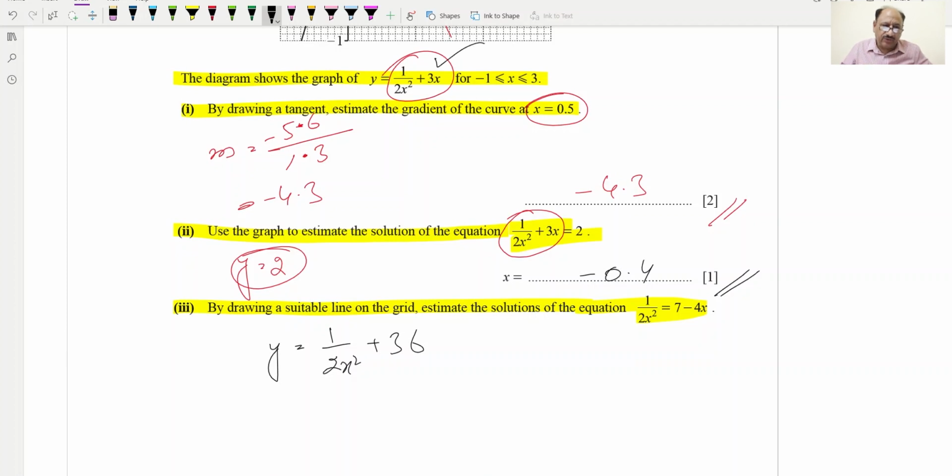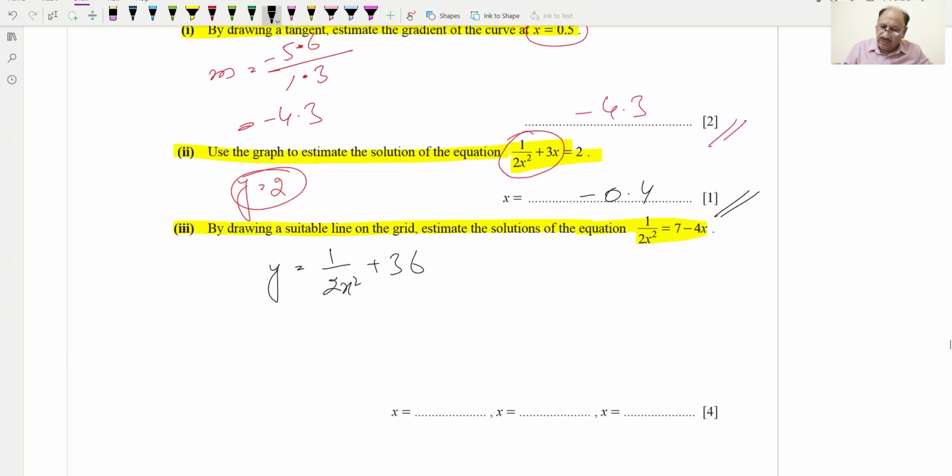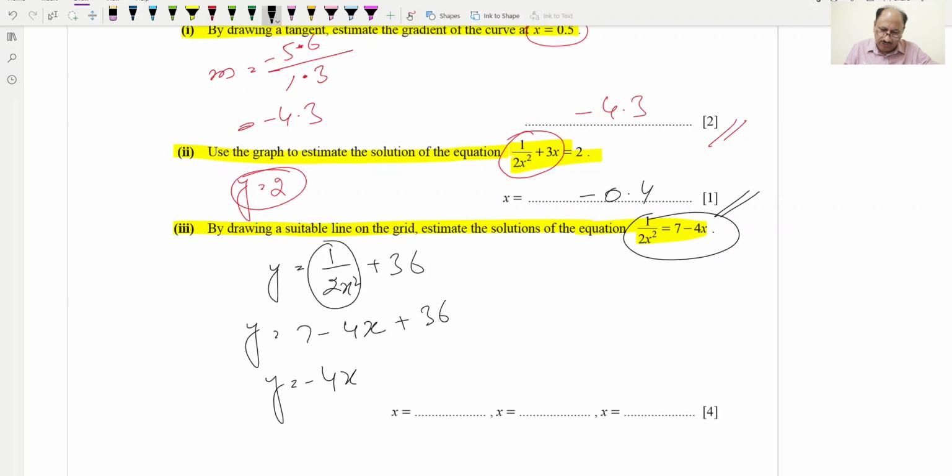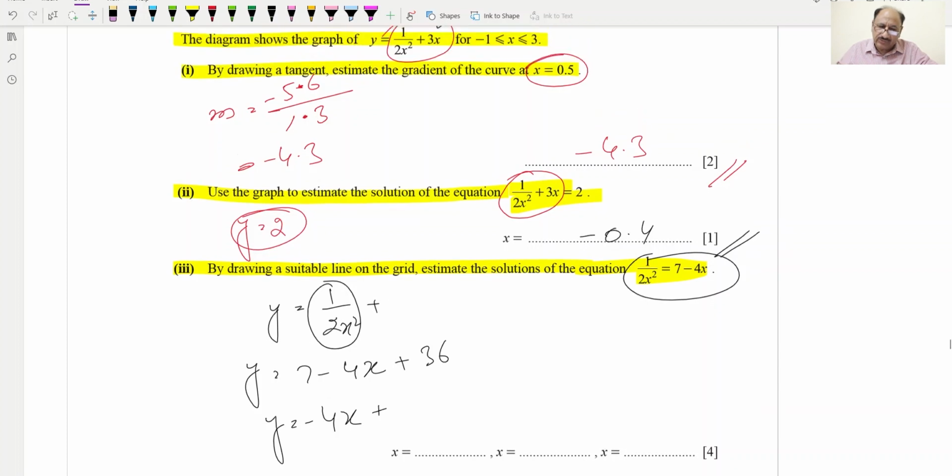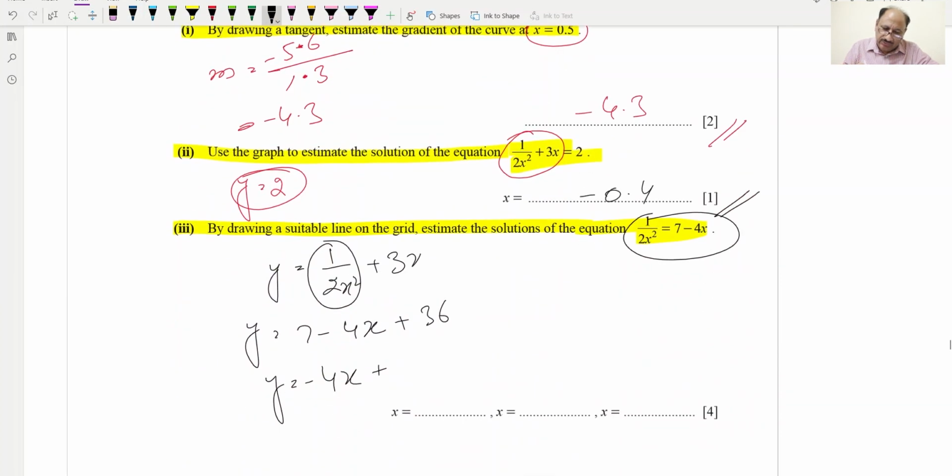This is the value which they have given over here, and we have this value 1 over 2x is equal to 7 minus this value, we can replace with this. So y will be equal to 7 minus 4x plus 3x. So this will be 3x and this will be 3x. Now we can rewrite this as minus x plus 7.